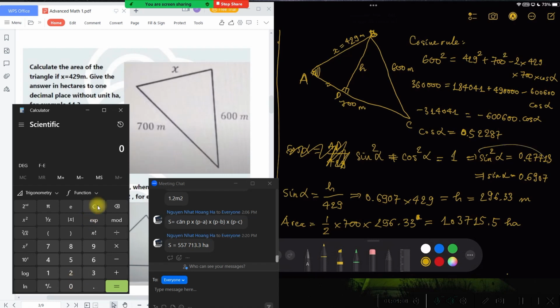This spot is where it often goes wrong. So 0.52287 squared is 0.27339.